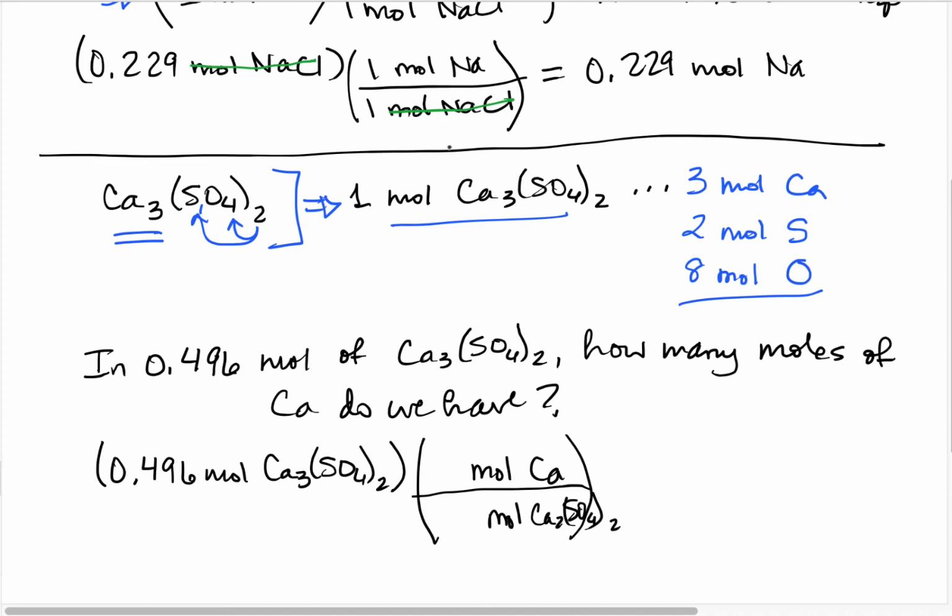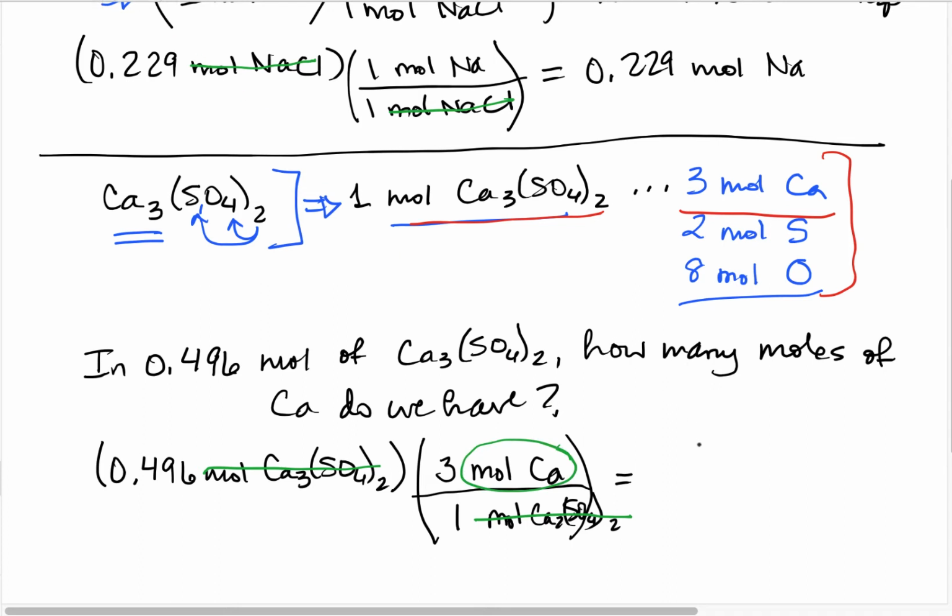So now we go back up here and we see that 1 mole of calcium sulfate has 3 moles of calcium in it. So I'm going to put my 1 mole here and my 3 moles here. Once again, our moles of calcium sulfate will cancel out, and our moles of calcium are what's left.